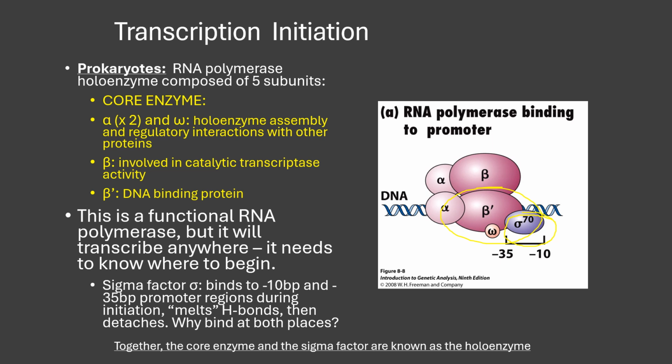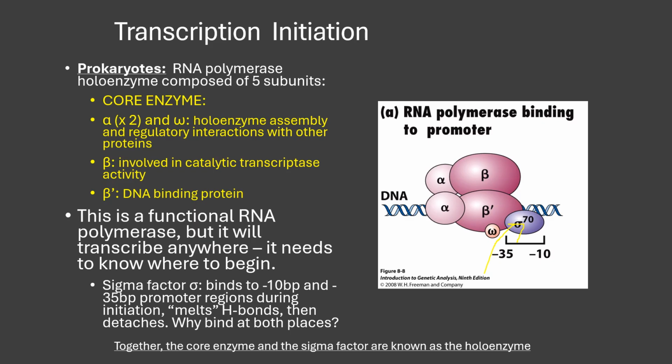It wouldn't be very efficient for a cell to simply transcribe all the DNA all the time. There's regulation that happens, and that regulation happens in part because of this next subunit, the sigma factor or the sigma subunit, indicated here in this purple-bluish color.